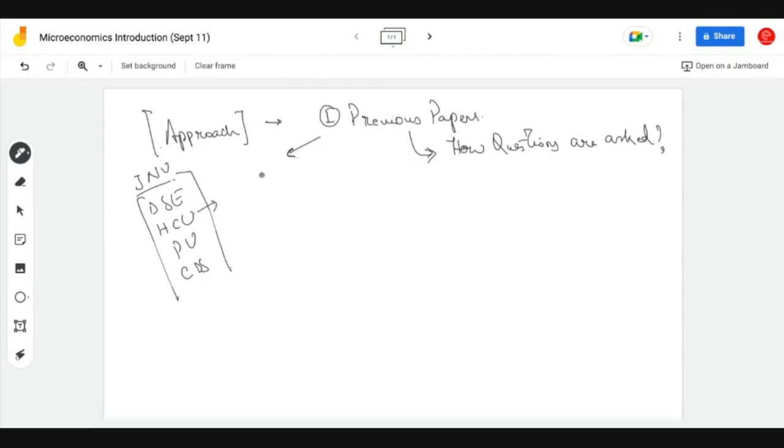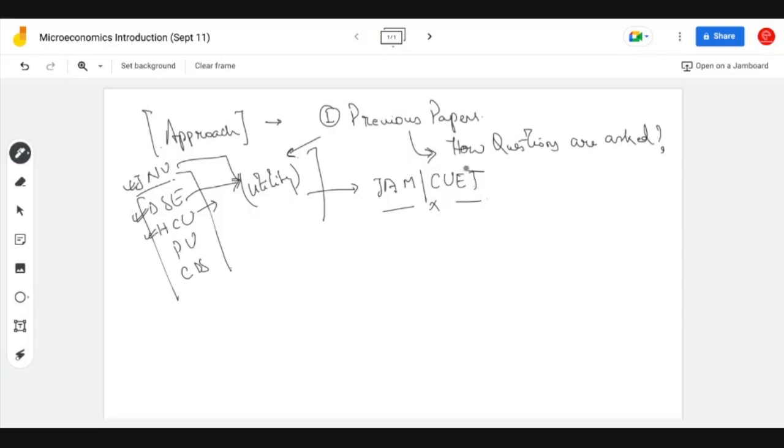However, if we take a simple example of utility, the way in which JNU asked question from utility is different from the way in which DSE asked. Now, when we are talking about JAM or even CUET, we don't know how the questions can be asked. So the best thing to study is study everything, all the patterns.